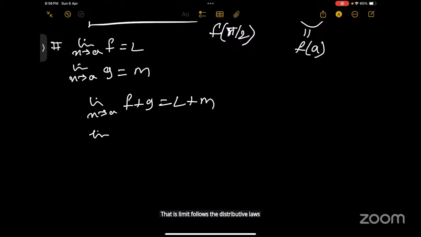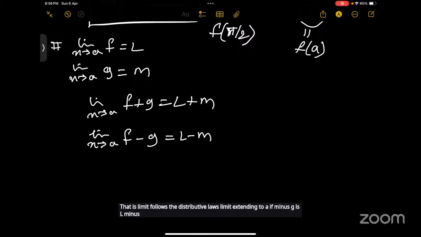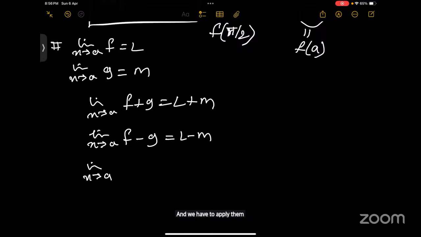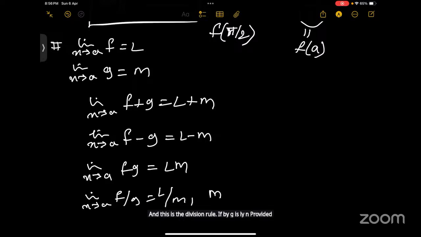Limit as x tends to a of f minus g is L minus M. These are the formulas, right? And we have to apply them to solve. The product rule: limit of fg is LM, and this is the division rule: limit of f by g is L by M, provided M is not equal to 0, right?